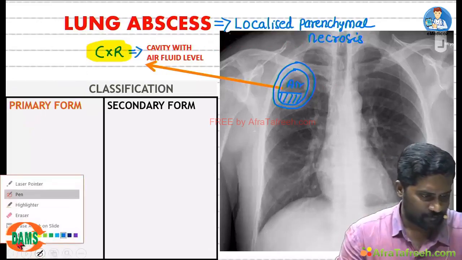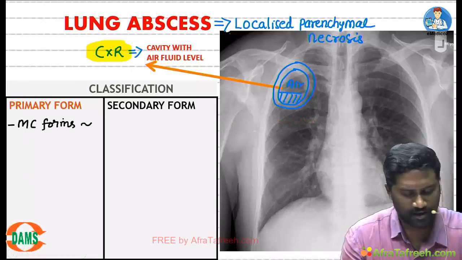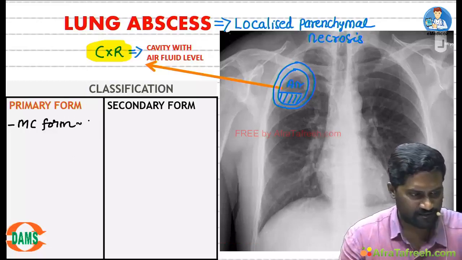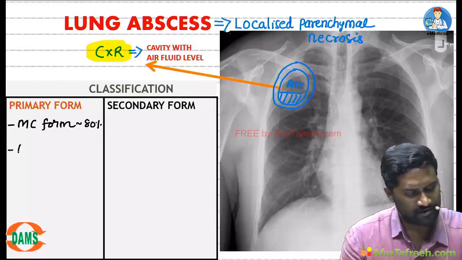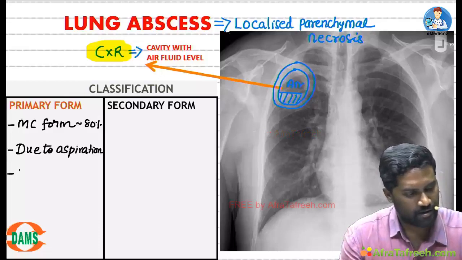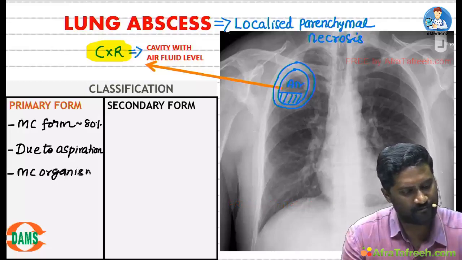Coming to the classification, primary form. This primary form is the most common form, happening in 80%. If I see 100 lung abscess cases, 80% of the cases will be primary form, and this primary form is generally due to aspiration. Because it is happening because of aspiration, most common organisms in primary form will be those residing in the oral cavity.